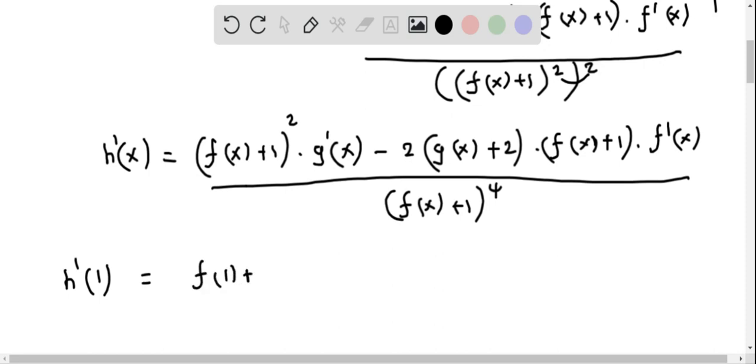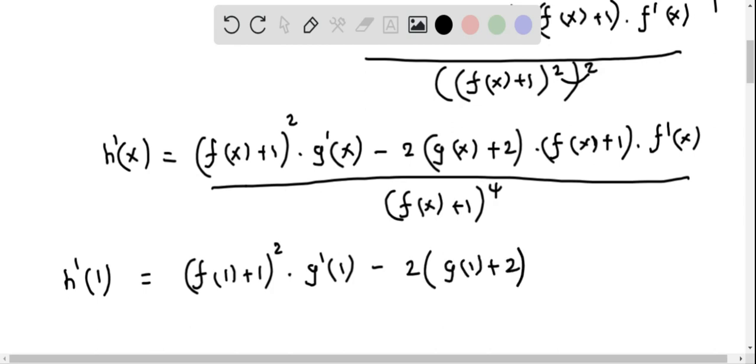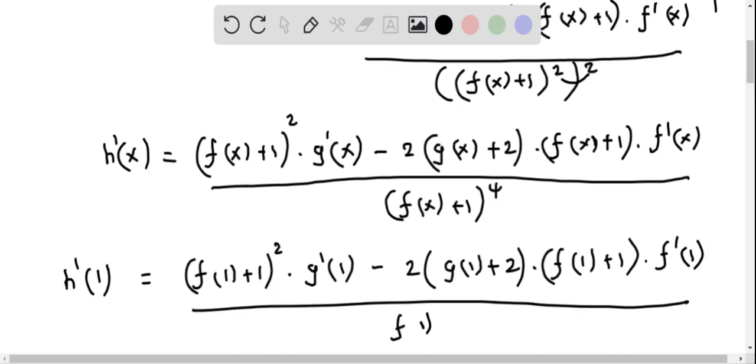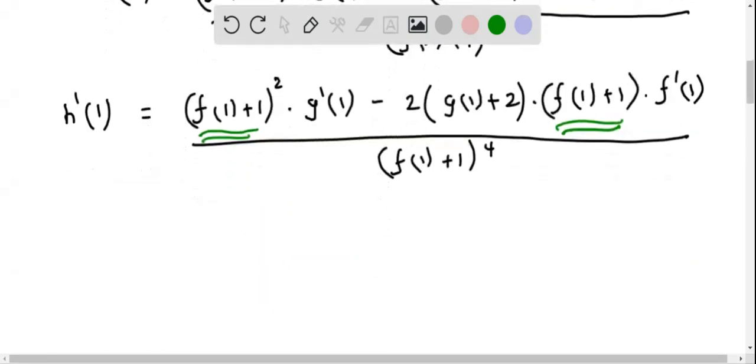This will become f of 1 plus 1 quantity squared times g prime of 1 minus 2 times g of 1 plus 2 times f of 1 plus 1 times f prime of 1, and this is all over f of 1 plus 1 raised to the power of 4. Observe that we have this expression coming both in the numerator as well as the denominator. So I'm going to evaluate this separately and put this into this h prime of 1.